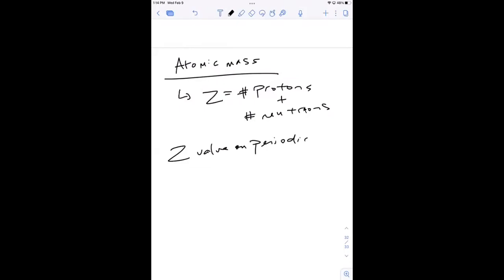It's not just one number for one particular element, because every element has what we call naturally occurring isotopes. So the value on the periodic table is an average of all of the masses of all naturally occurring isotopes.